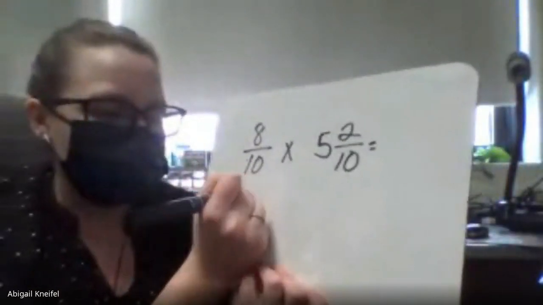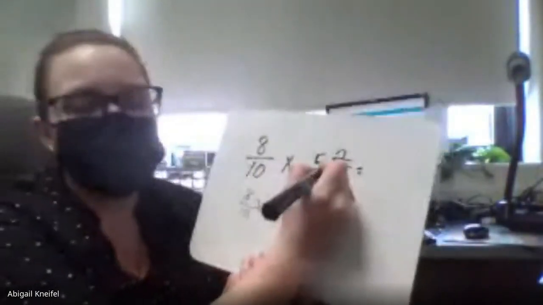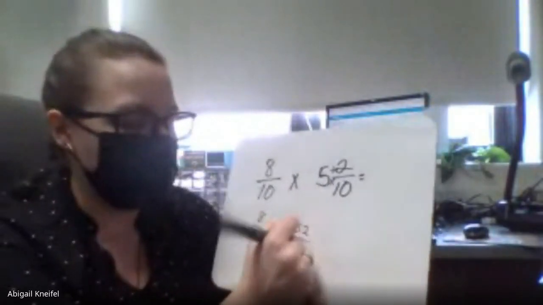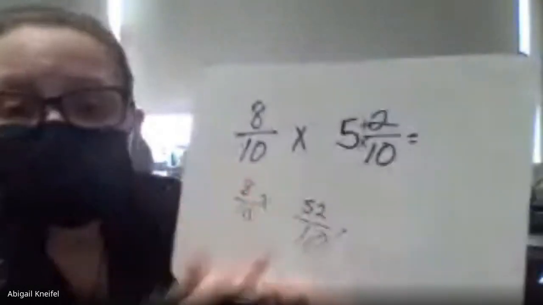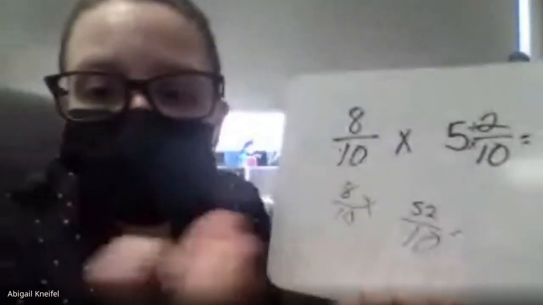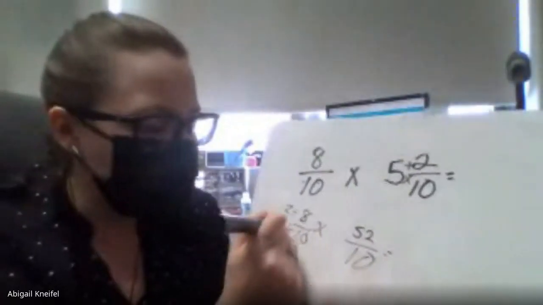First thing I have to do, well, 8/10 is going to stay the exact same because that's just a regular old fraction. Times 5 times 10 plus 2. That's 52 over 10. All of these are even numbers, every single one of them. That means they all can be divided by 2. So I'm going to divide every single one of them by 2.